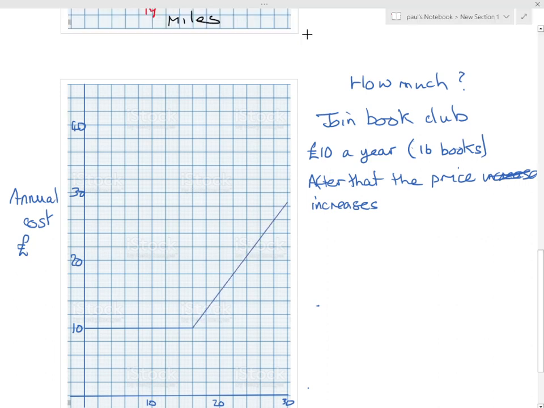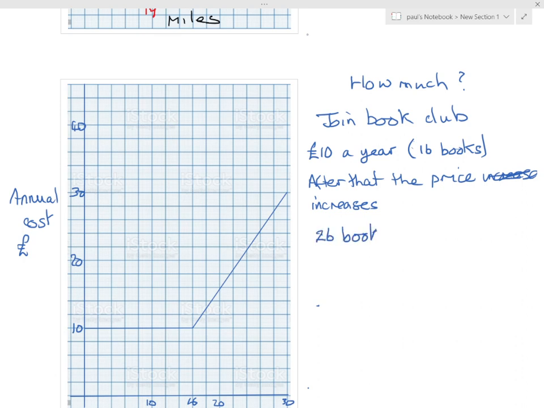We'll go all the way through to there. Okay, so if you take out anything up to 16 books a year, it's just going to cost you £10. But we've taken out 26 books.